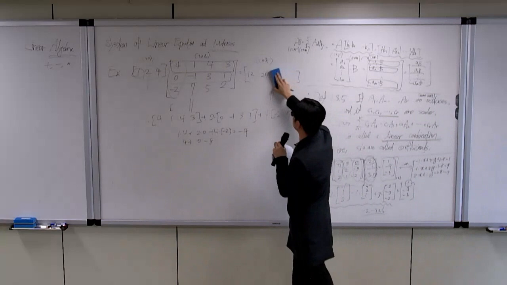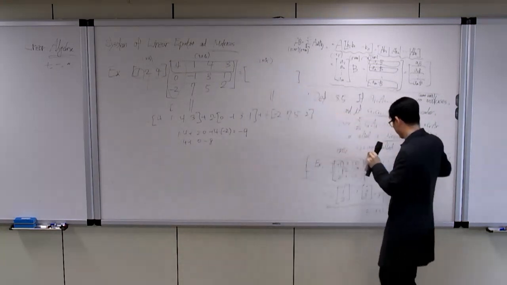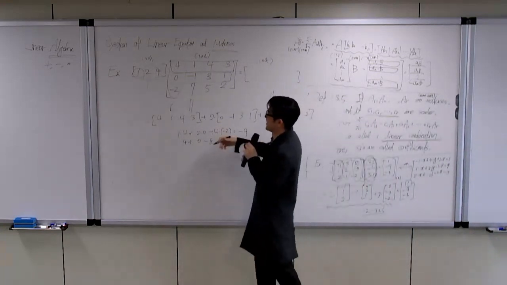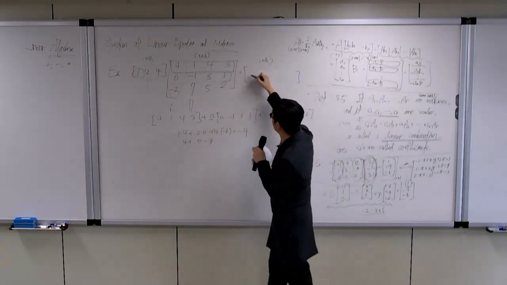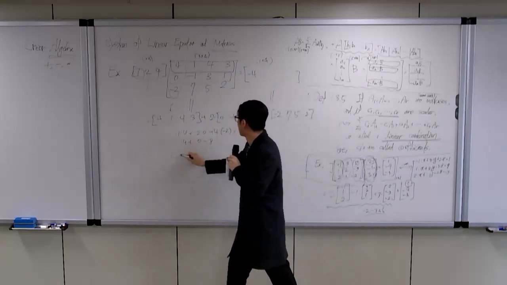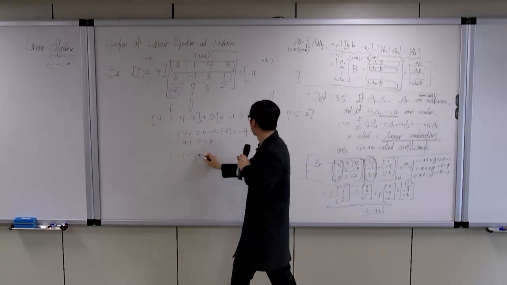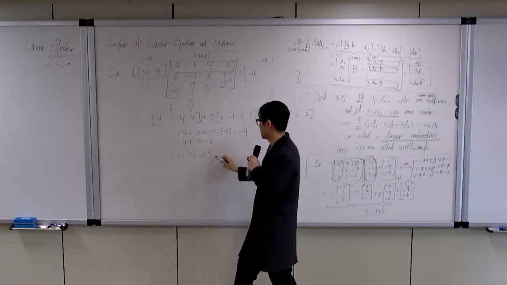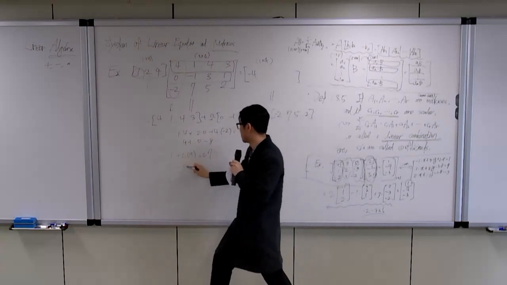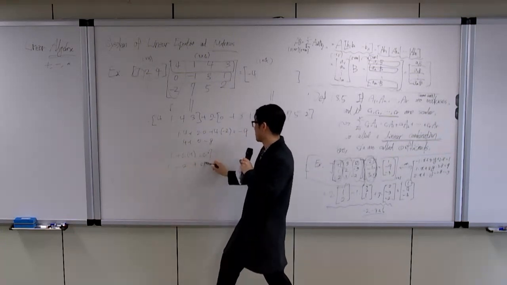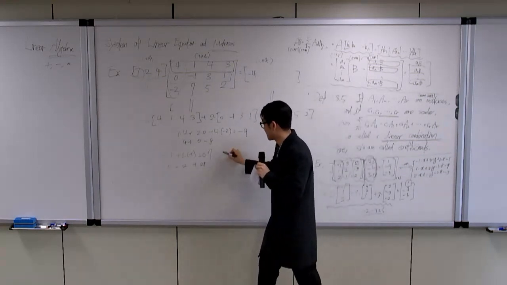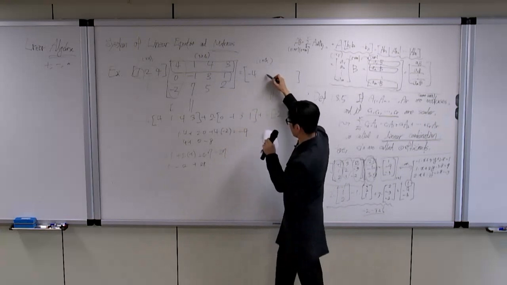Let me calculate it now. Minus 4, and the second entry is 1 times 1, 2 times minus 1 plus 4 times 7, 1 minus 2 plus 28, 27. Okay, thank you. And yeah, it is right.